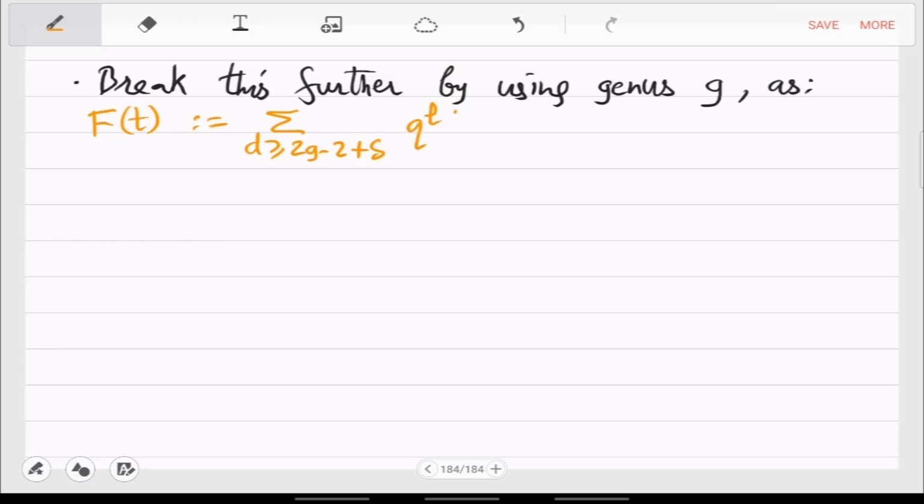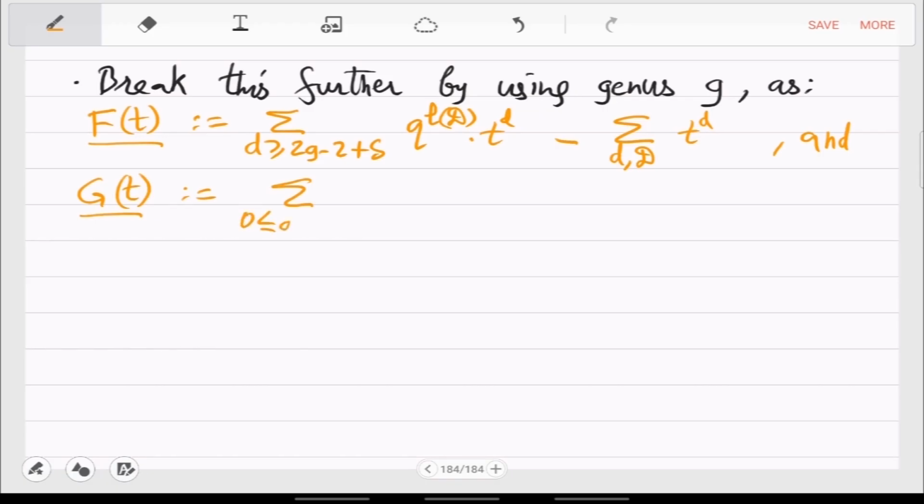So the sum of q to the L of D times t raised to d, minus the other infinite part. And the other part is G of t. So that's the finite part. This part is messy, but it's finite, so it's okay.